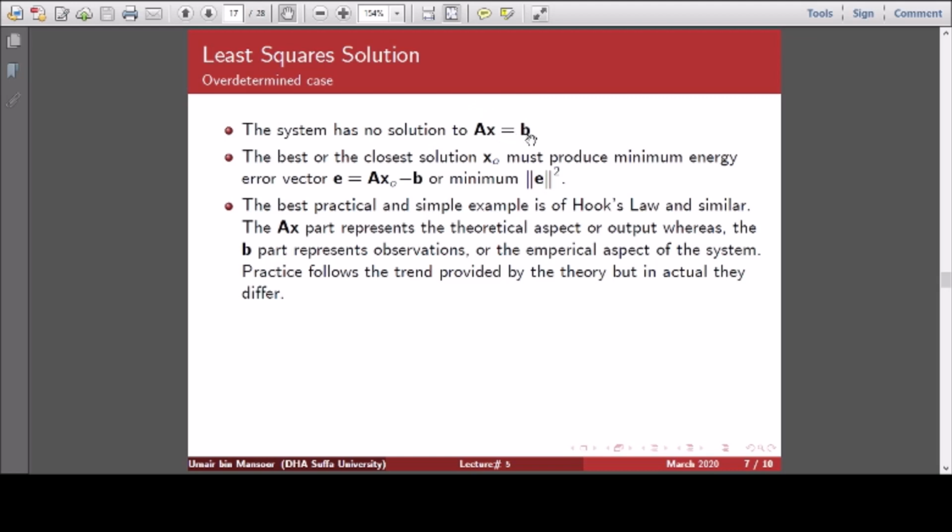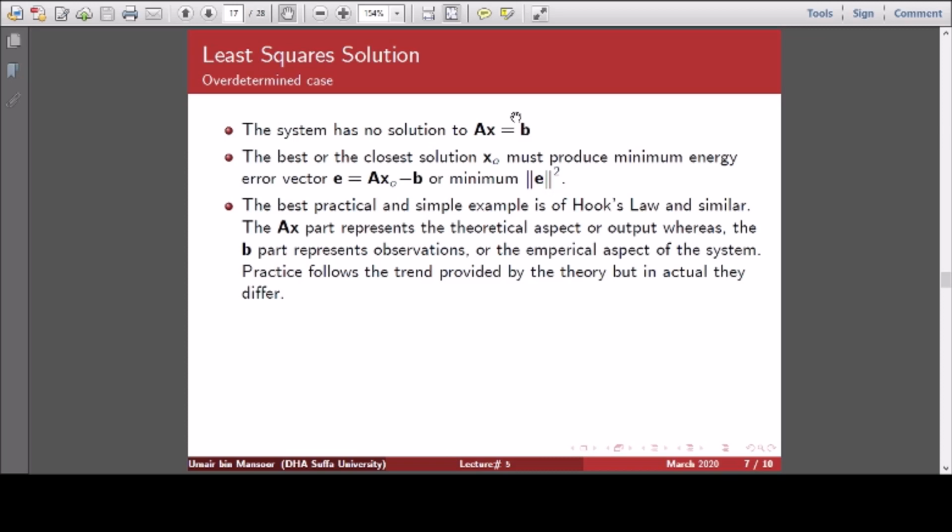This is a matrix notation. Here this equal sign doesn't mean that the left hand side is equal to the right hand side. This is a compact statement. This statement contains a system of equations, more than one equation.